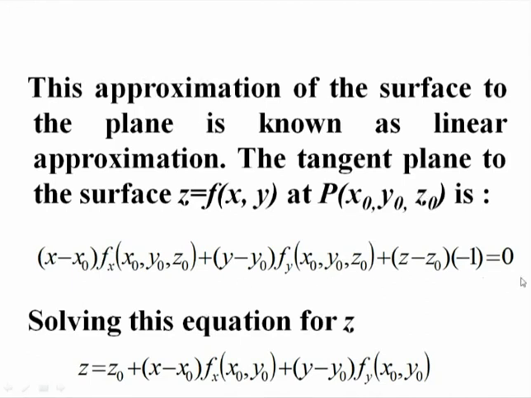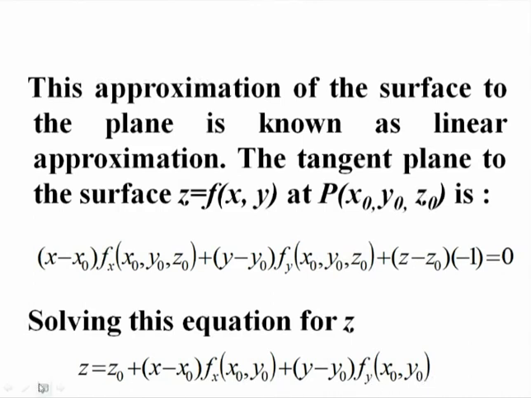Solving this equation for z, this minus z is taken on the right hand side, so we get z is equal to z0 plus (x minus x0) fx at (x0, y0) plus (y minus y0) fy at (x0, y0).